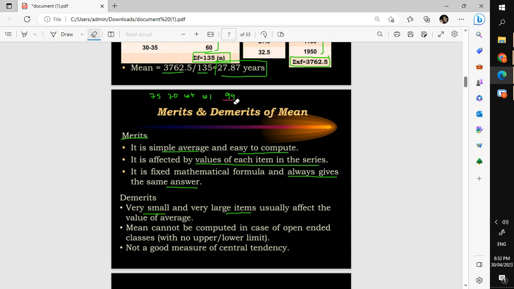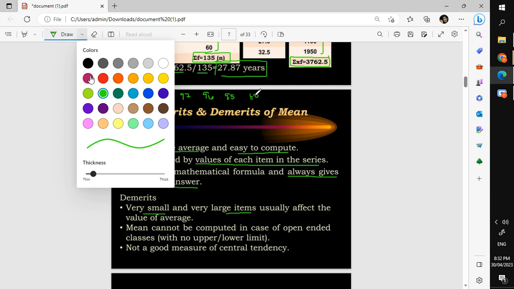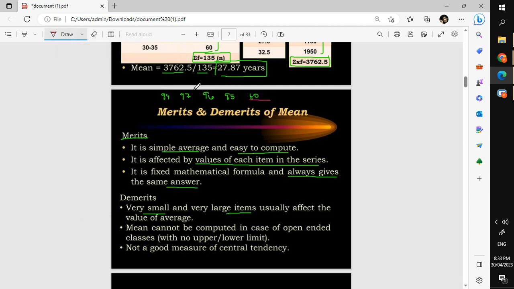Pero kung si 99, i-change nato ni siya, let's say, i-change na lang nato ang entire data. Let's say, ang grado sa imong mga bata is 99, 97, 96, 95, then you have there 60. Okay, so this datum is much smaller compared to the other data. Then, muubos pod ang value ng imong mean. Okay, that's the disadvantage about the mean. Kaya it is affected by each datum in your observation.